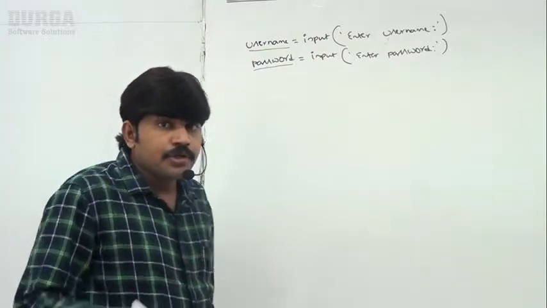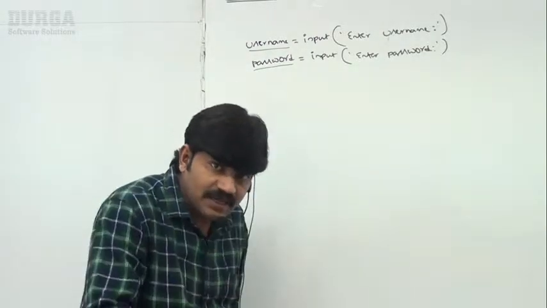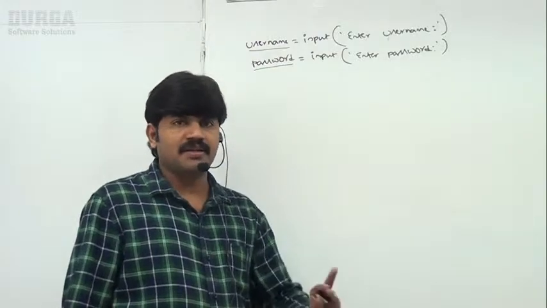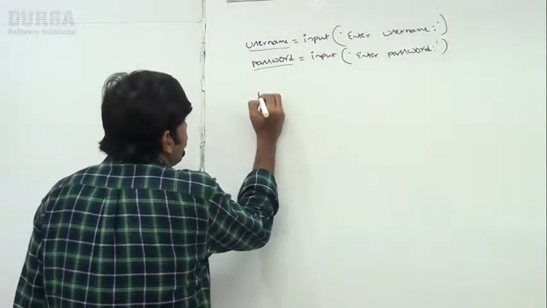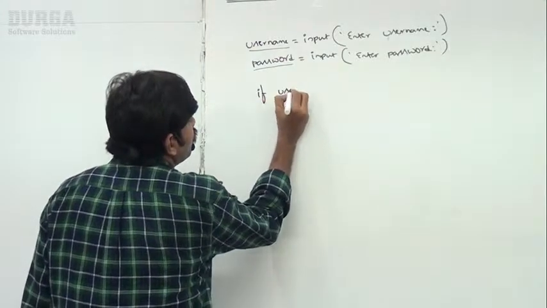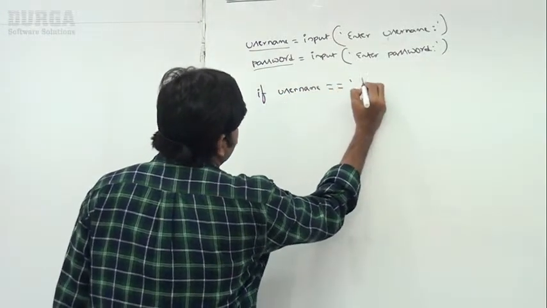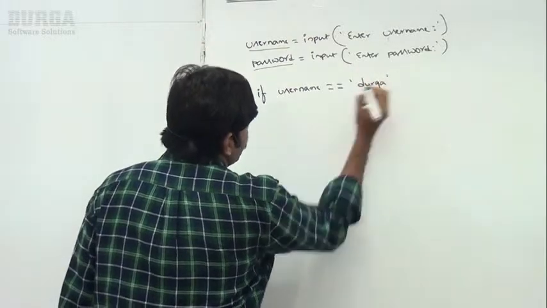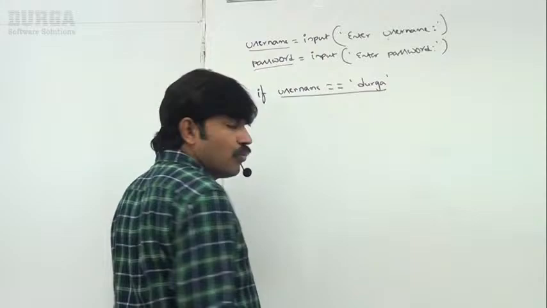Now I have to check: if username is Durga and password is Sunny, then consider it valid, otherwise invalid. How can you write the code? If username is equal to Durga, first condition true or false.